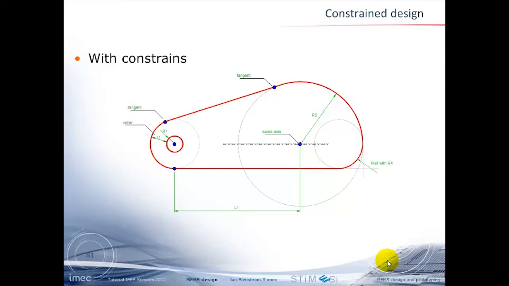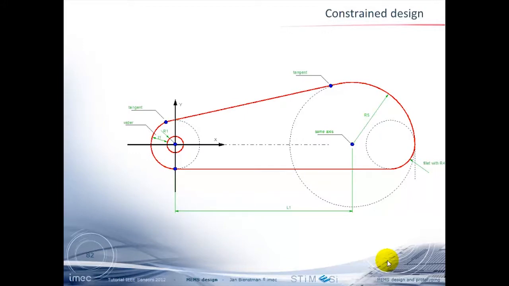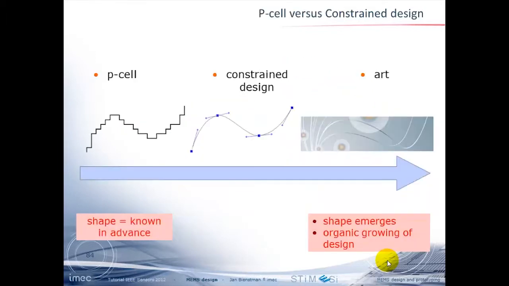So I do not define exact absolute coordinates, but I define to the program how they relate to each other. With the advantage then, if you want to change a certain dimension, the undo function is actually built in, or even more important, I can change a parameter, and because of the relations, it can build up the structure. Of course, you can do it in the wrong way, or there are also problems involved if you have conflicting constraints. But actually that saves you from making the P-cell.